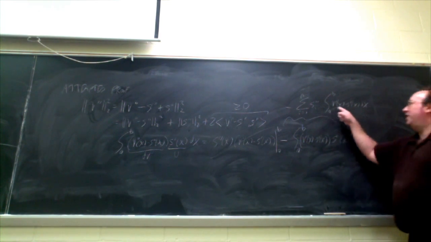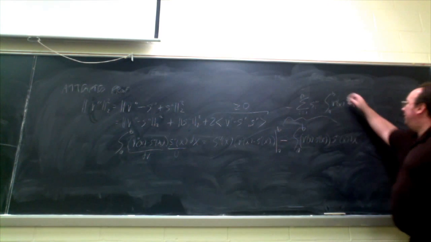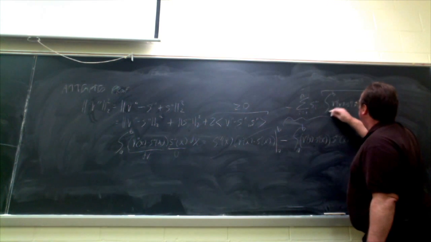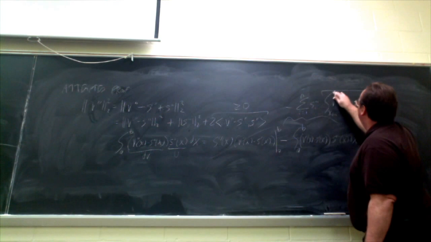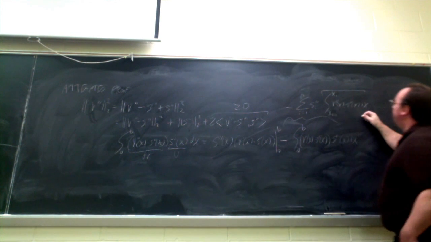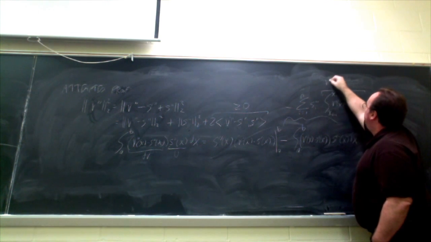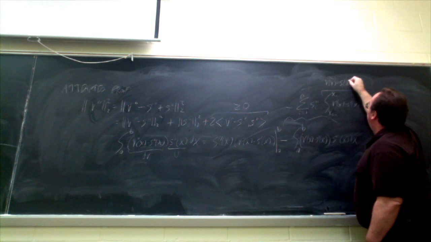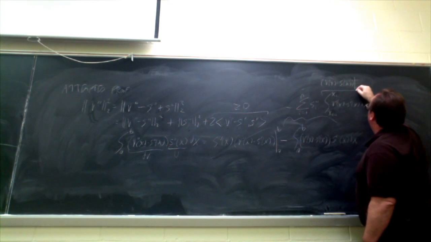Yeah, because I'm integrating a derivative. It cancels out. Oh, right, this is on each interval, x_{i-1} to x_i. I forgot that. But the point is, this is v minus s with limits x_{i-1} and x_i.